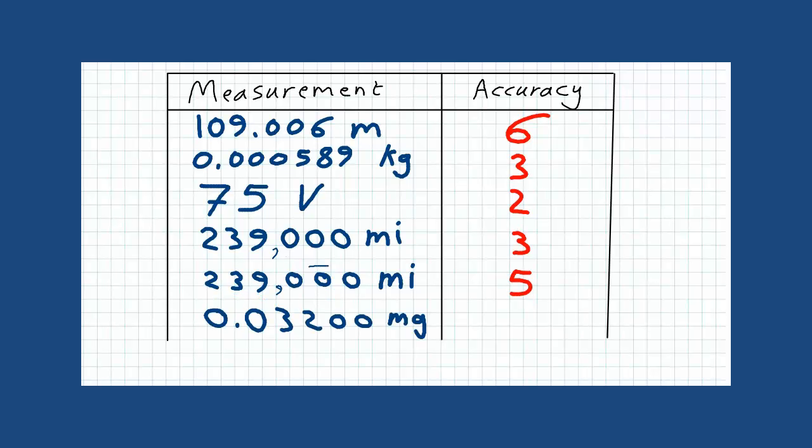Example 6. In this example, we will start counting from the first number, which is not a 0, from the left. So we will start from here, 1, 2. But we will not stop counting because we have a decimal point, and these zeros are to the right of a significant digit and a decimal point. So we have an accuracy of 4.